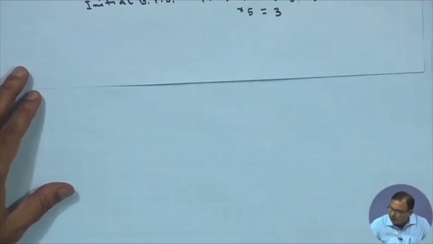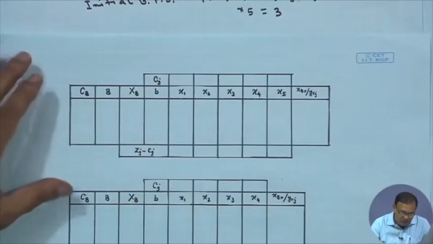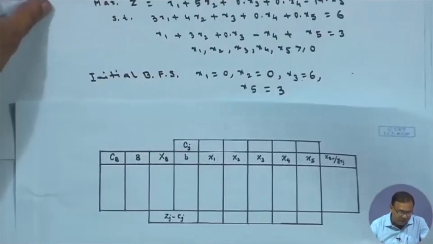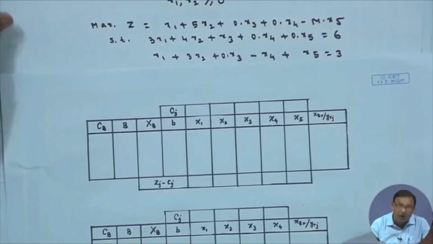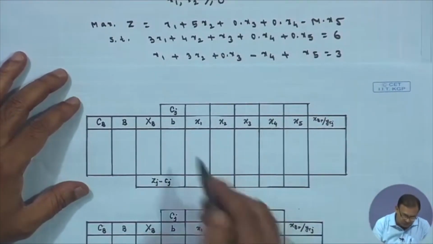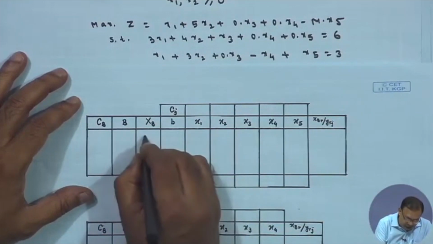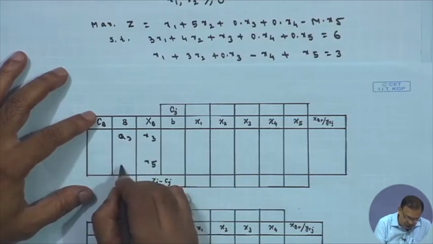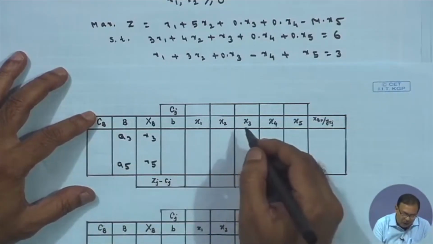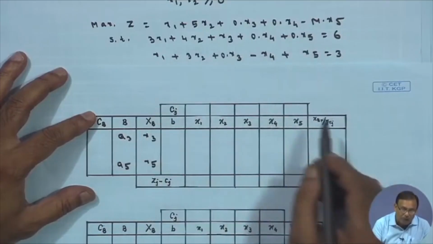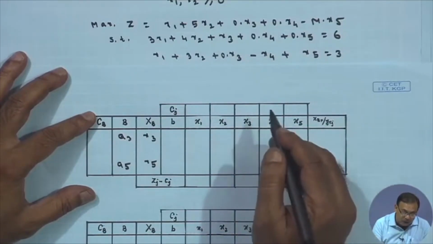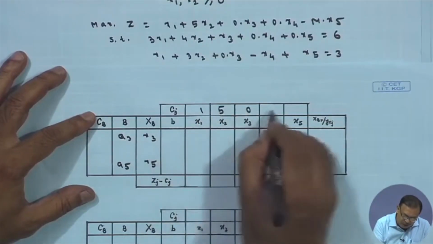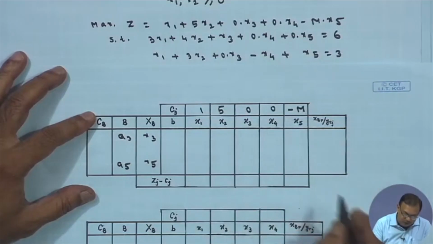So, let us form the simplex table from here. In the variable column, I am writing from here, your variables are x 3 and x 5. This will be a 3 and a 5. The value of c j, that is the coefficient of the objective function corresponding to the decision variables, is 1, 5, 0, 0 and minus m for x 5.